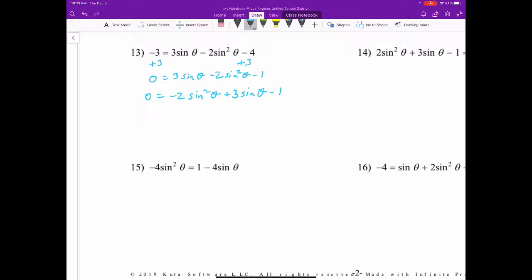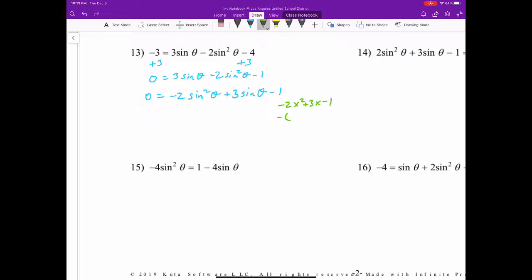Now, as I mentioned before, it's easier in my brain to rewrite this as just x's: negative 2x squared plus 3x minus 1, and try to factor that instead. One of the methods for factoring this trinomial is getting rid of that negative sign. I don't like that negative sign. It makes it a little harder.